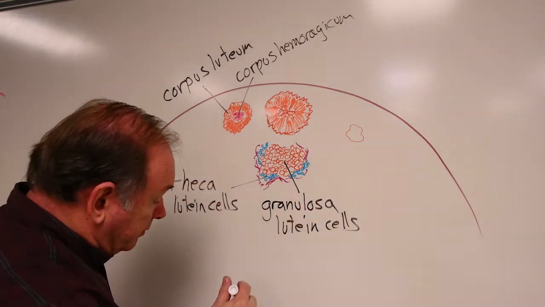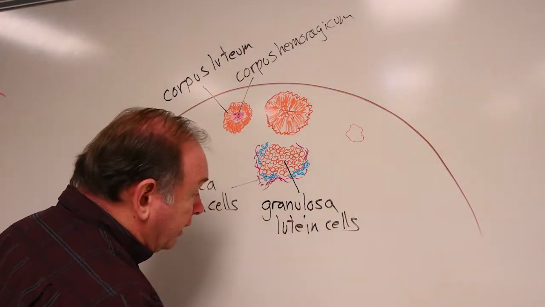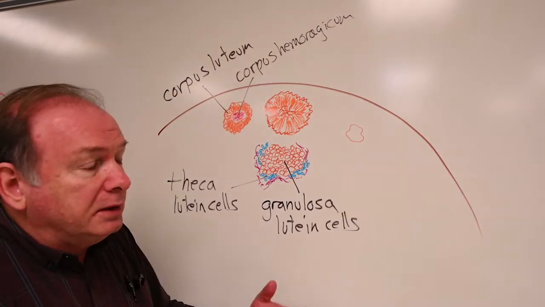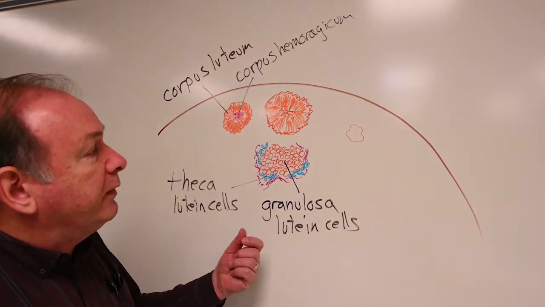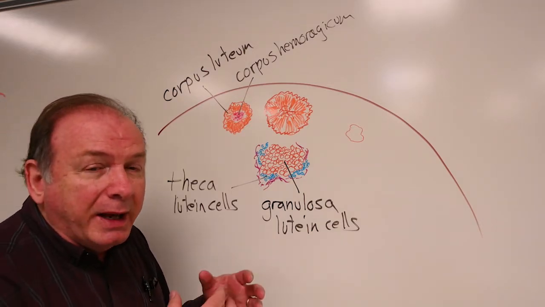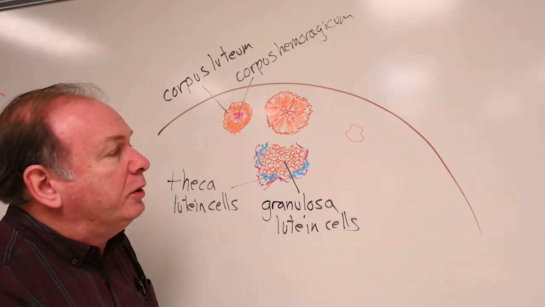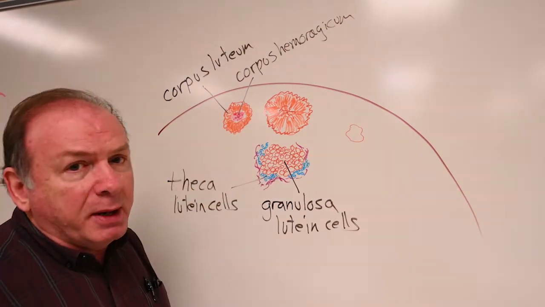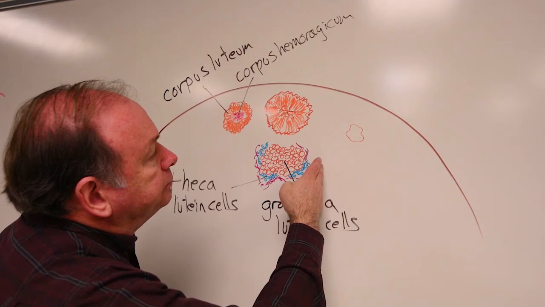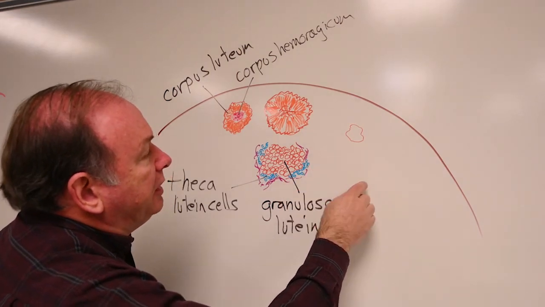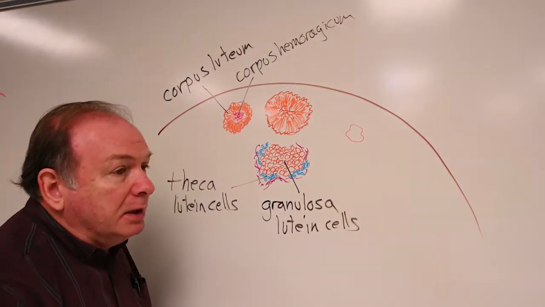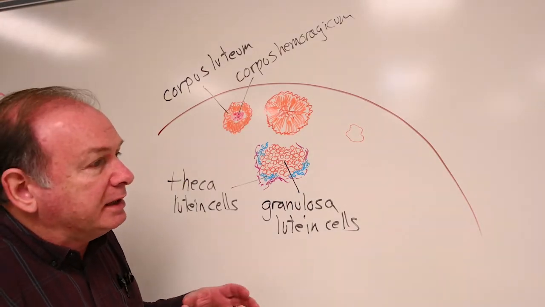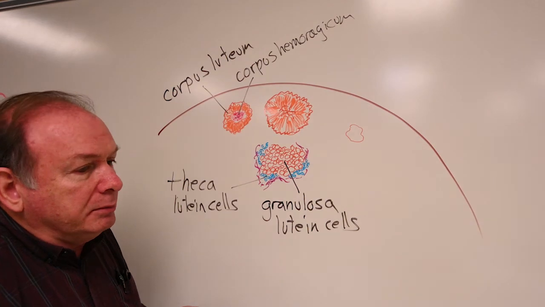Now, if pregnancy does not occur, if the oocyte that left does not encounter a sperm cell and become fertilized and then embed itself inside the wall of the uterine lining, if that does not happen, this begins to fade after about the 12th day. We should see a regression. Eventually it becomes a tiny, what they often describe as hyaline, kind of glassy structure.